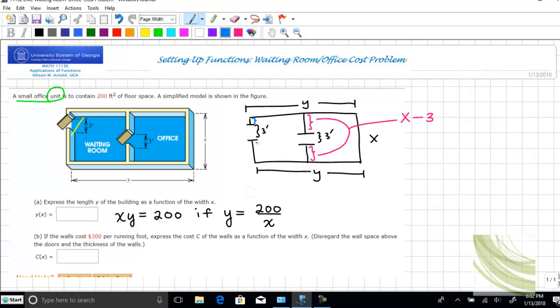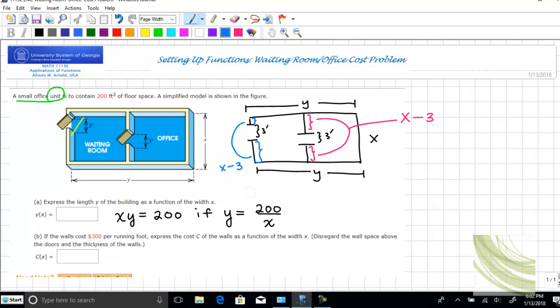Also, this part of the wall plus this part of the wall total x minus 3. In other words, take the original length x and subtract out the open doorway. Okay? And then identify your cost.